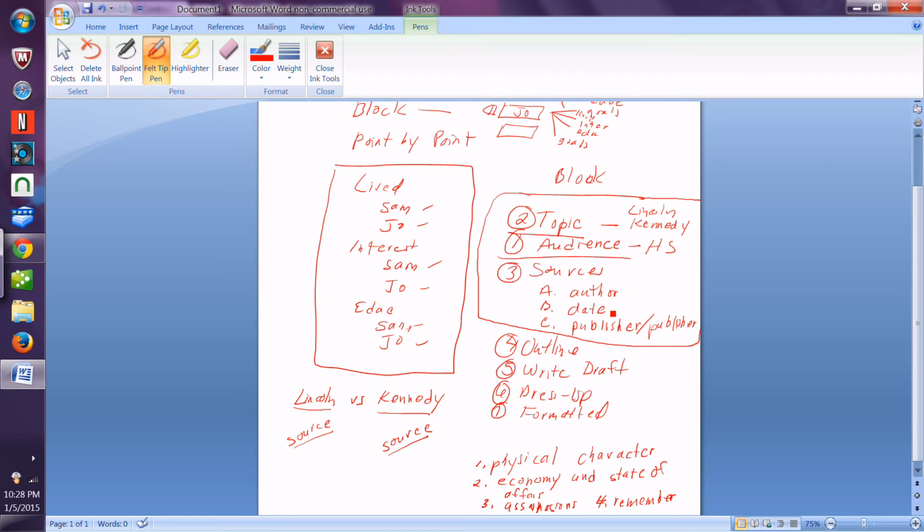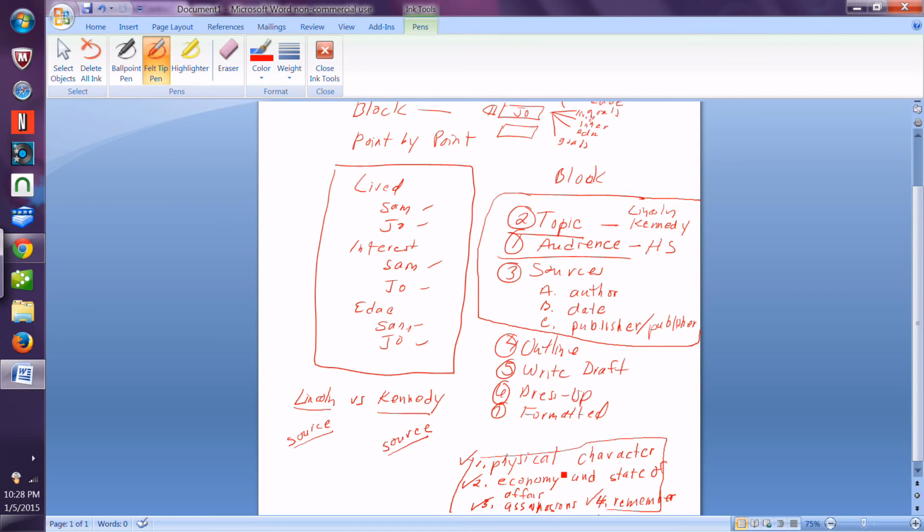They need to have an author, a date, a publisher, or a publication. And pick out what you're going to compare. So as you're looking through your sources, you're going to find different things about your topics and try to find information about each of the characteristics that you've chosen.